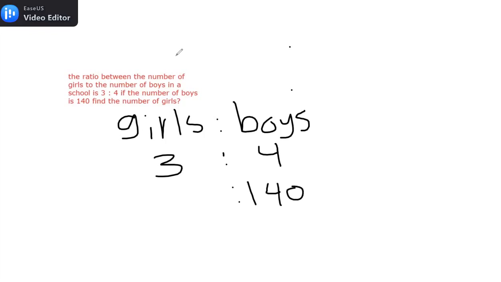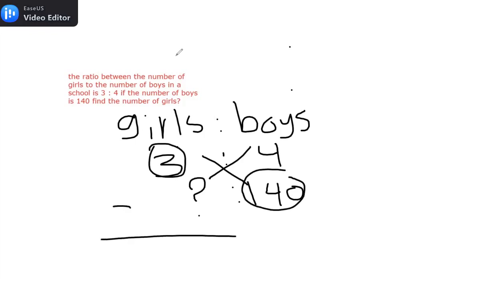And we are looking for the number of girls. We can use our cross. The two ends are here, so I should multiply 3 times 140. One end is here and the other is missing, so I should divide, so I put it down.